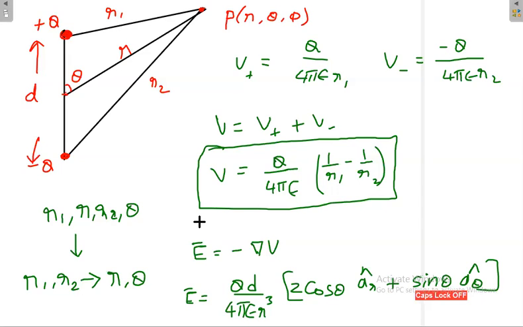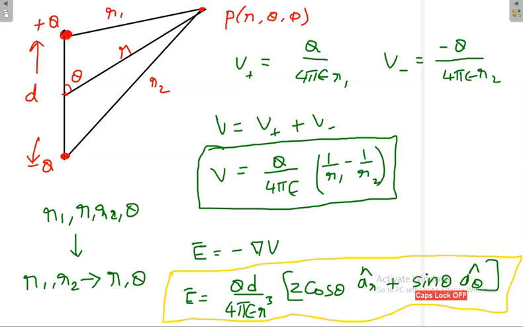So what is finally important? This equation is important. No need to remember this equation, but there are some observations from this equation. We'll take that final equation and then we'll observe something.